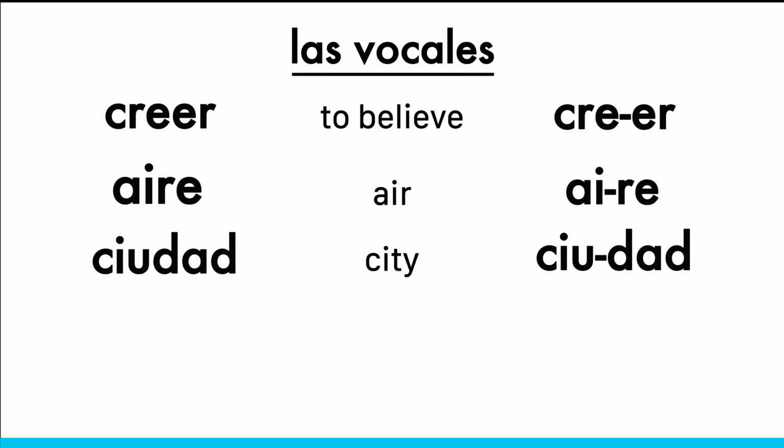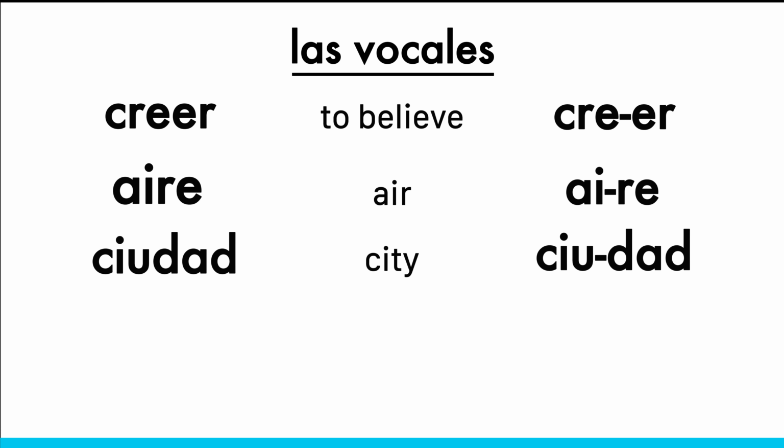Two weak vowels together are also part of the same syllable. For example, ciudad. We have I, U together, so they are going to stay in the same syllable, and it is a quick pronunciation, ciudad.